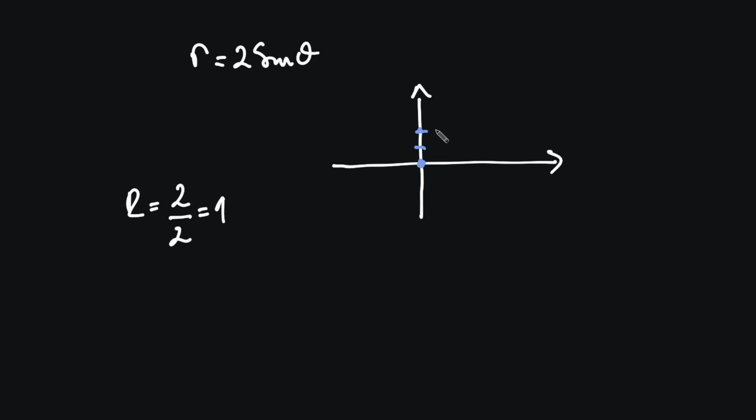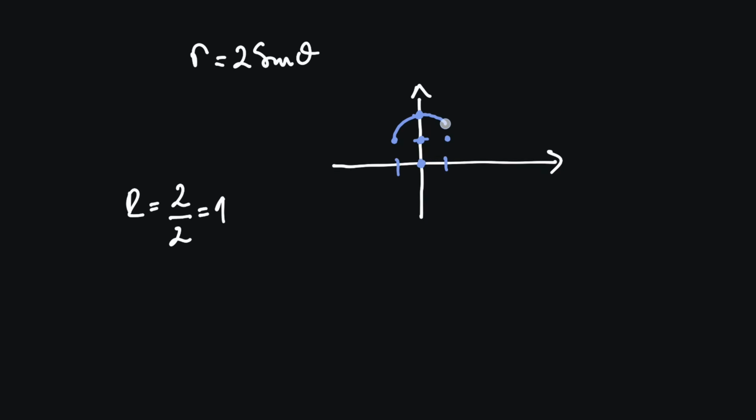So I know that my circle, and let me draw it a little bit bigger so you can appreciate it better on your screen. We have 1 and we have 2, so this is my diameter. My circle ends here. This is my center. And the radius is 1, so the distance must be equal to all those points.